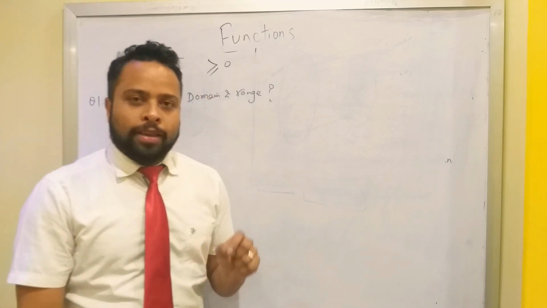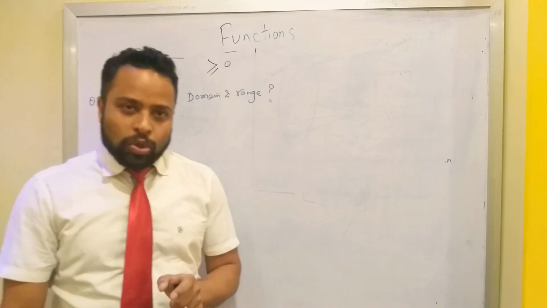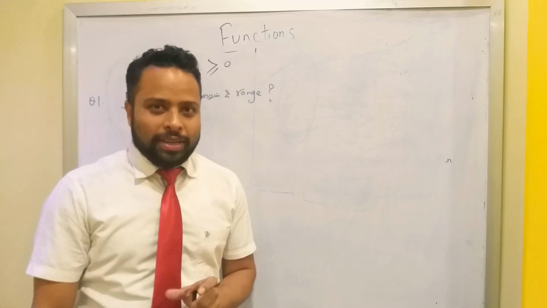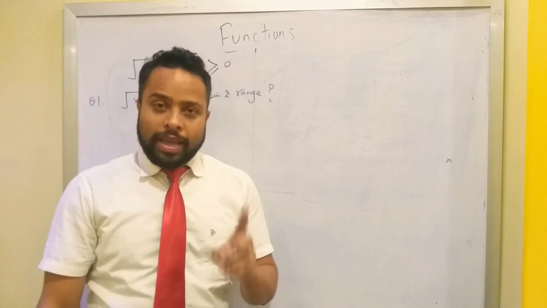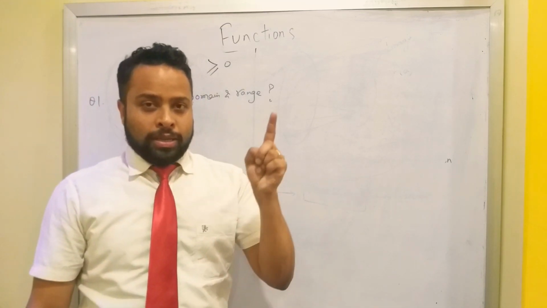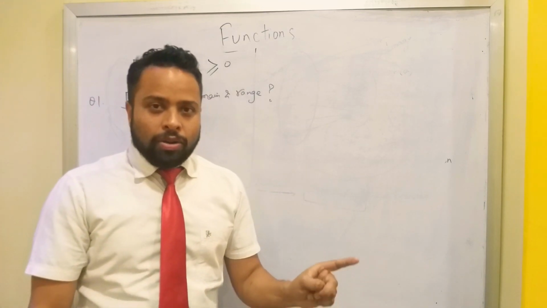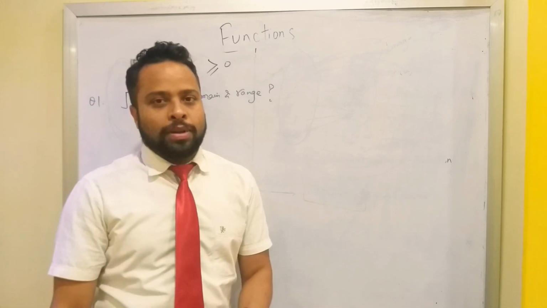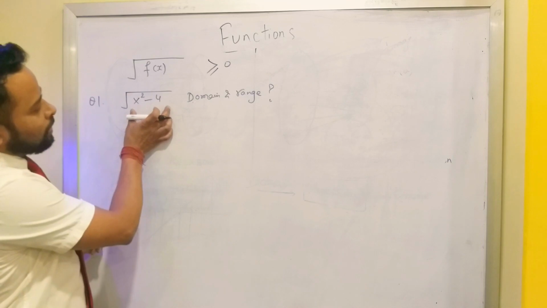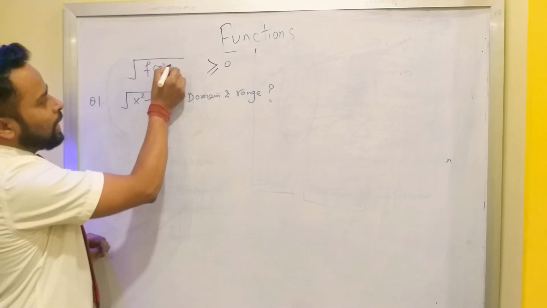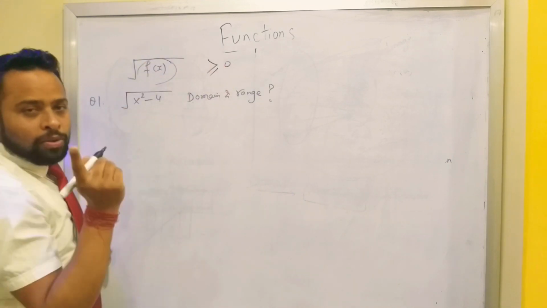Real functions are those functions whose domain is the real numbers or a subset of the real numbers. So if I have an under root of any f(x), it is always greater than or equal to 0.